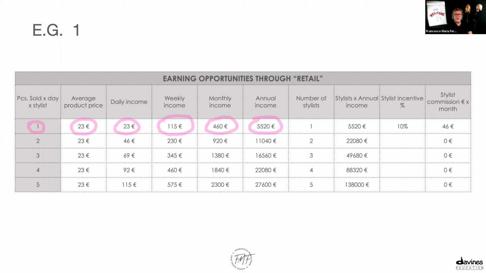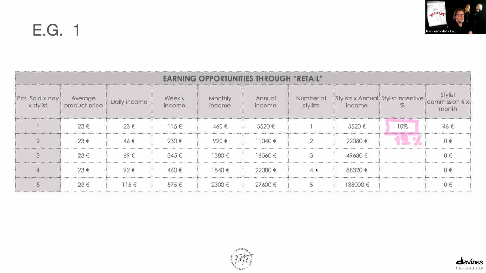Now, a very simple, practical way to create an incentive is simply to decide, okay, I'm going to give you 10% if you sell 1 per day, but I'm going to give you maybe 11% or 12% if you sell 2 products every day.